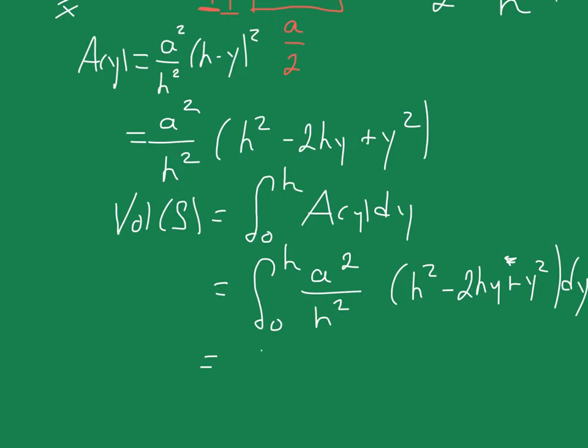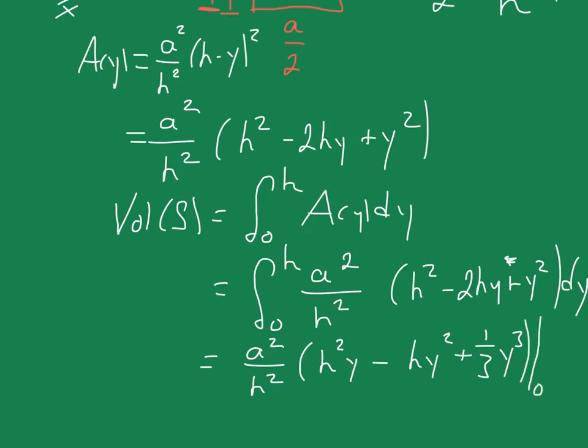Well, we get a squared over h squared times h squared y minus h y squared plus 1/3 y cubed, and this from 0 to h.